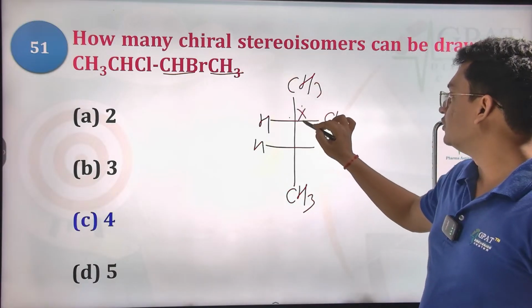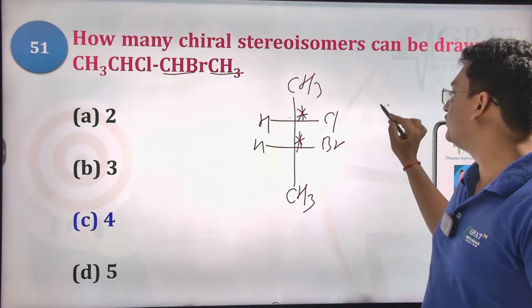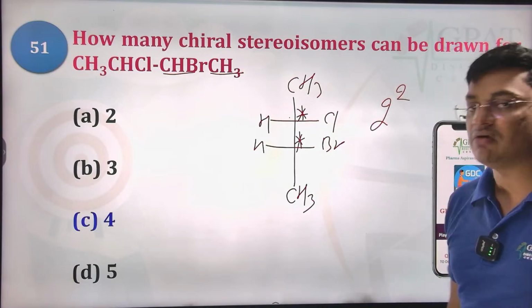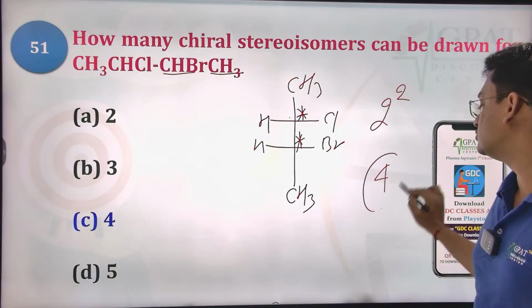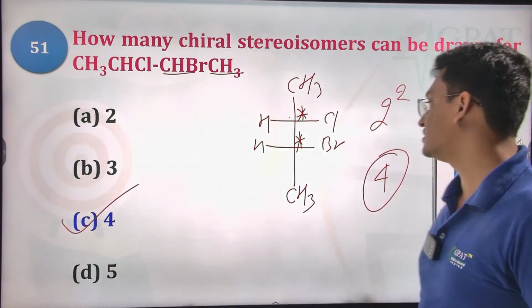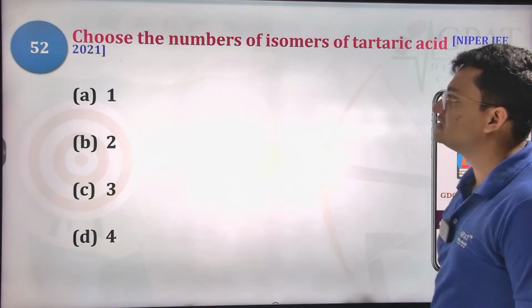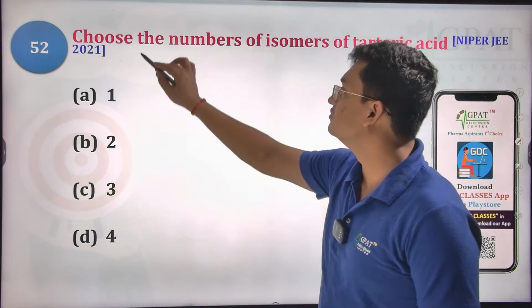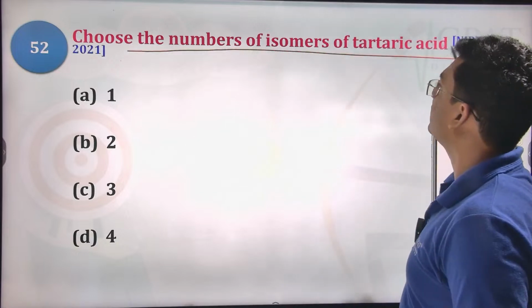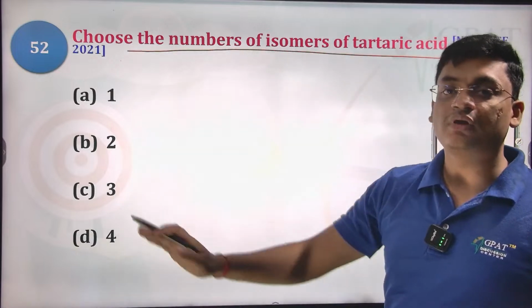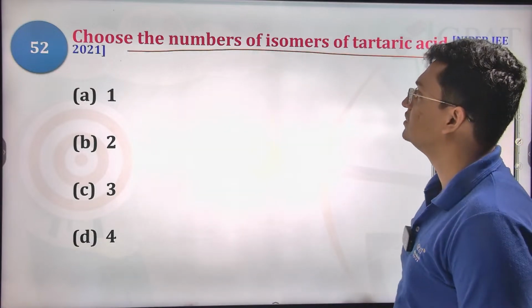That's why we are having two chiral centers and absence of symmetry. So we are having 2 to the power 2, and we are having 4 isomers. So yes, C is the correct answer. 2 chiral carbons and 4 stereoisomers can be drawn for this question.